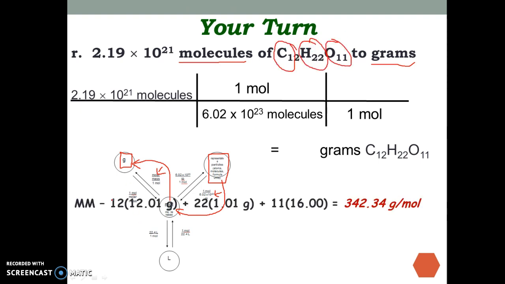So when I do that, all of my molar masses times how many of each element there are, I should get 342.34 grams per mole. So here I take 2.19 times 10 to the 21st divided by 6.02 times 10 to the 23rd multiplied by 342.34. What you should end up getting is 1.25 grams.